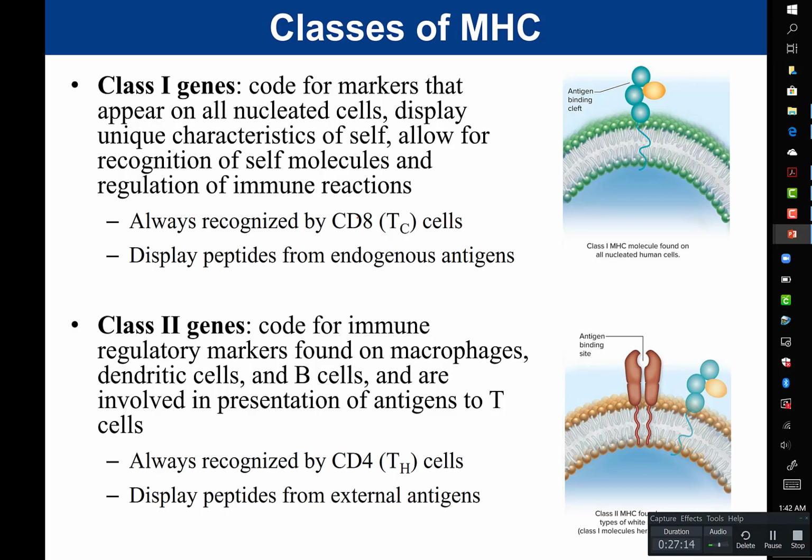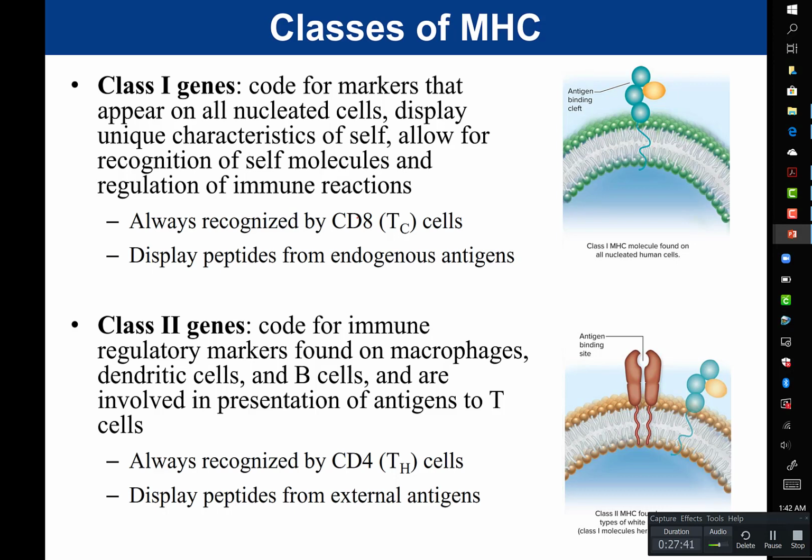So class 1 is I'm infected, destroy me. Class 2 serves a different purpose. So MHC2 codes for immune regulatory markers found on macrophages, dendritic cells, and B cells. And these are involved in the presentation of antigens to the T cells.